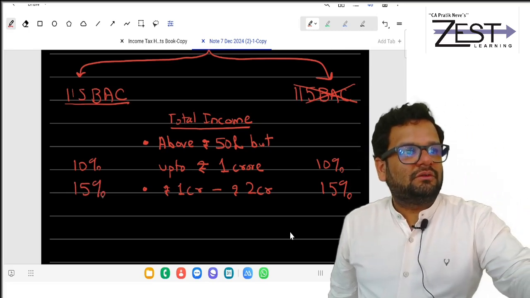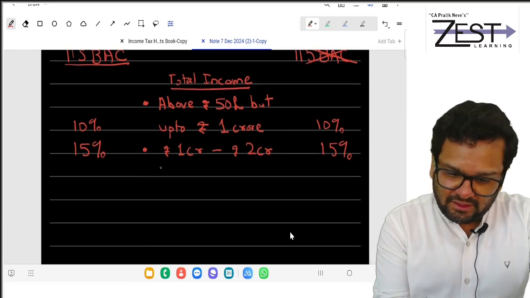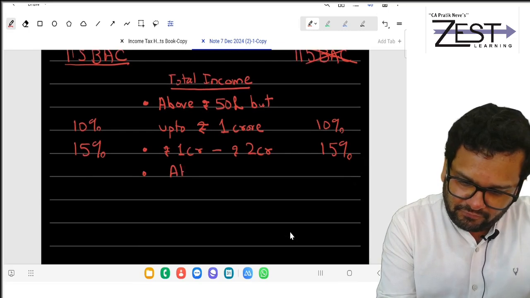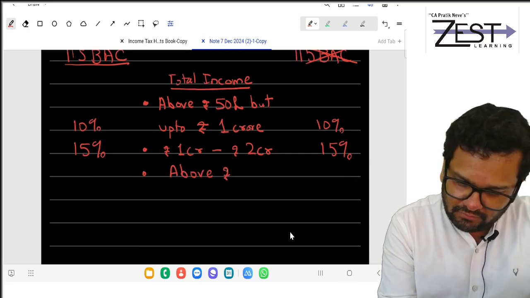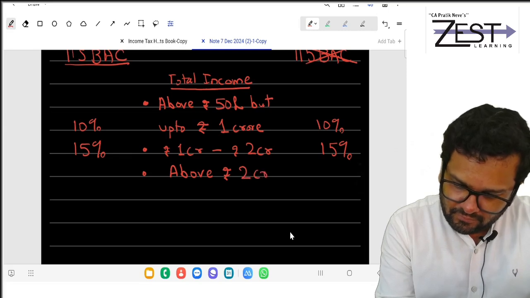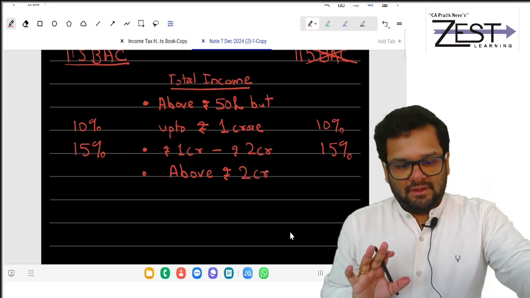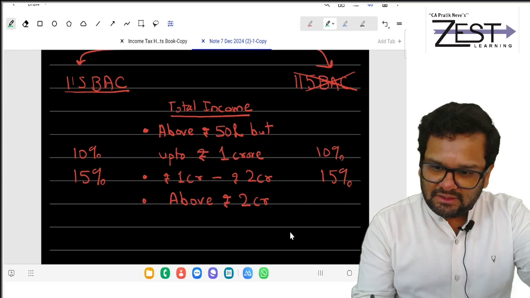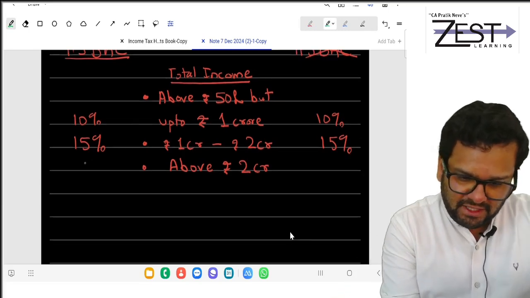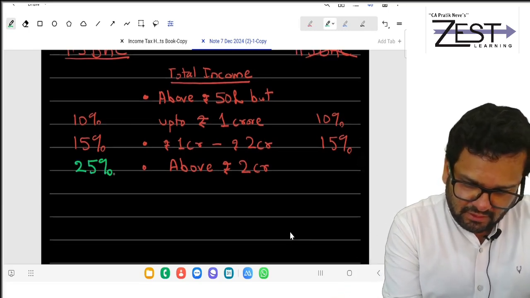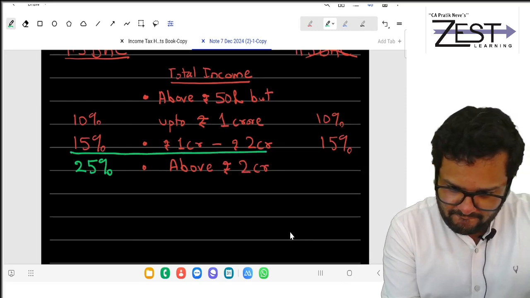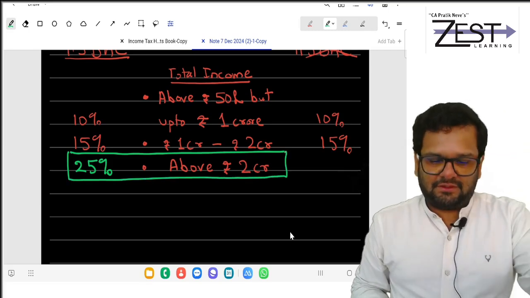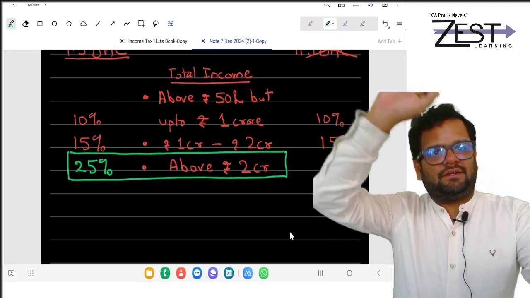So far so good. If you are above 2 crore, then I am discussing here in 115BAC, 25%. So above 2 crore to infinity.